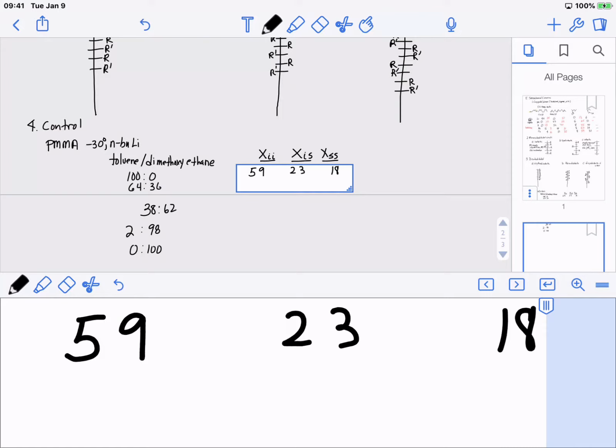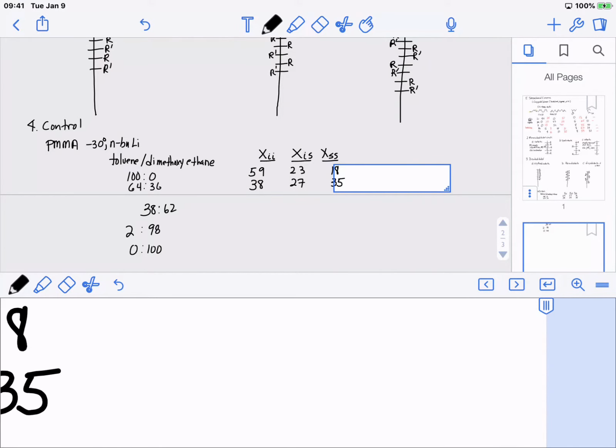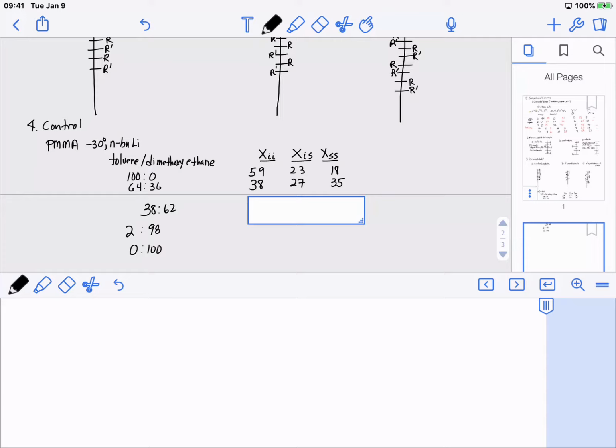Add a little bit of dimethoxyethane, more polar: 38, 27, 35. Get more polar.